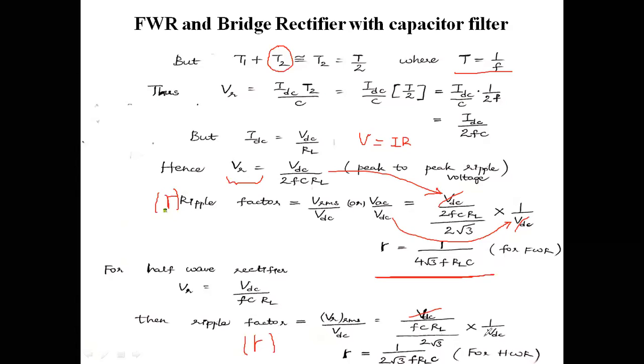This VDC and this VDC get cancelled, and finally 1 by 2 root 3 FRLC is obtained for half wave rectifier. This is the term for half wave rectifier, that is 2 root 3. For full wave rectifier, that is 4 root 3. To this point, you finished this derivation part.